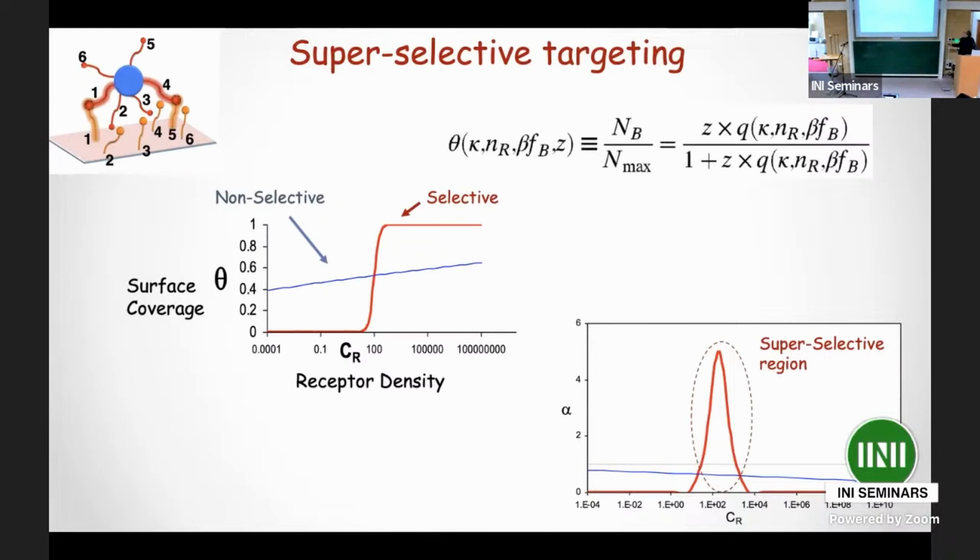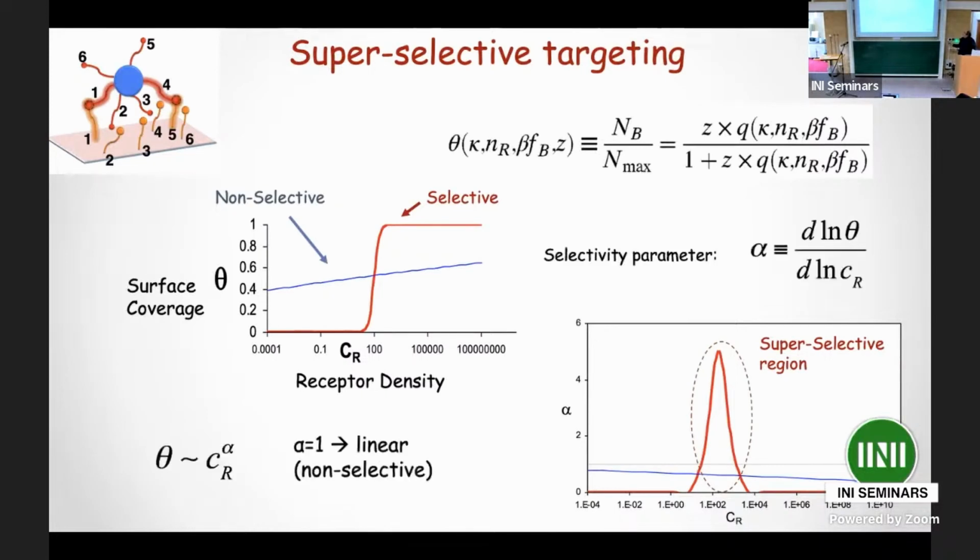So this is something we look for, and this selectivity parameter is just the slope of the logarithm of the coverage over the logarithm of concentration.